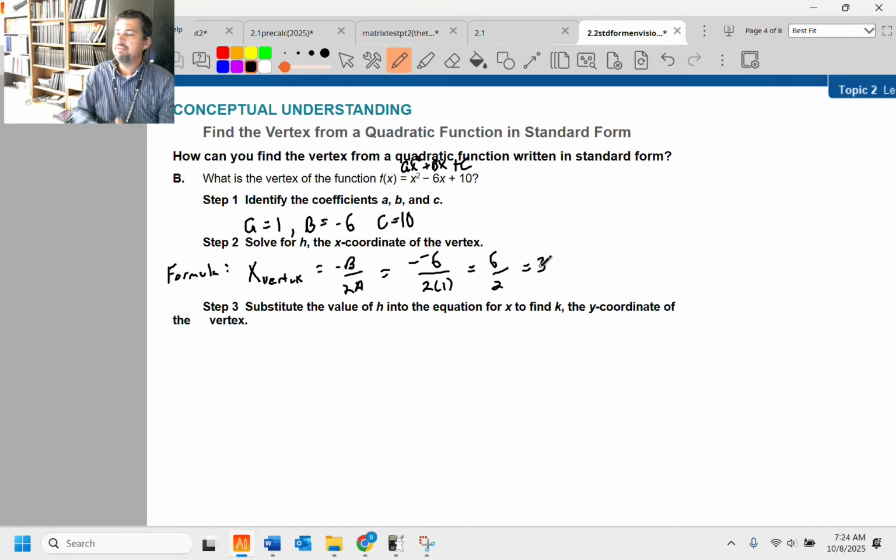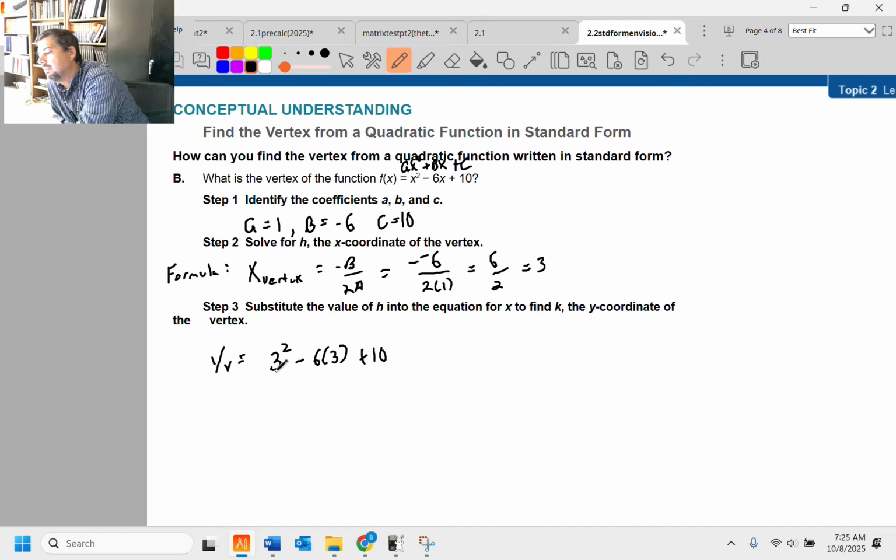So what you have here is an x value. To get the y-coordinate of the vertex, you plug x in. There's a formula for this too, but we're not going to talk about the formula. We're just going to take our number and plug it into the original equation. And then we're going to do some math, right? 3 squared is 9. 6 times 3 is 18.